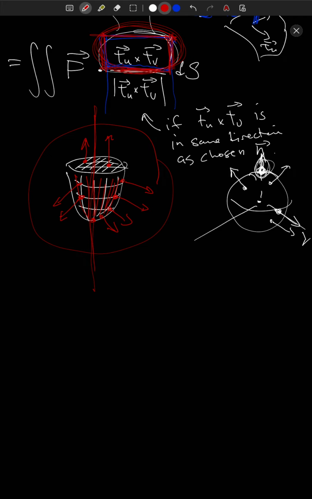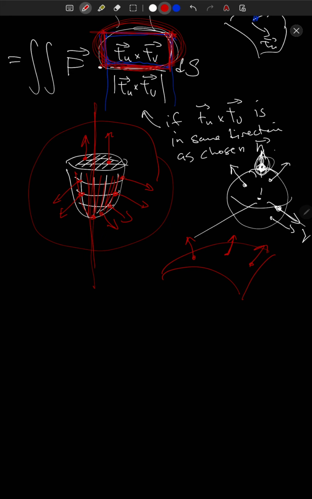Okay, one thing for graphs is that if you have a graph, of course, in terms of f of x comma y, the word upwards always makes sense, all right? So you can always orient with the upward pointing normal or the downward pointing normal. So those words always make sense.